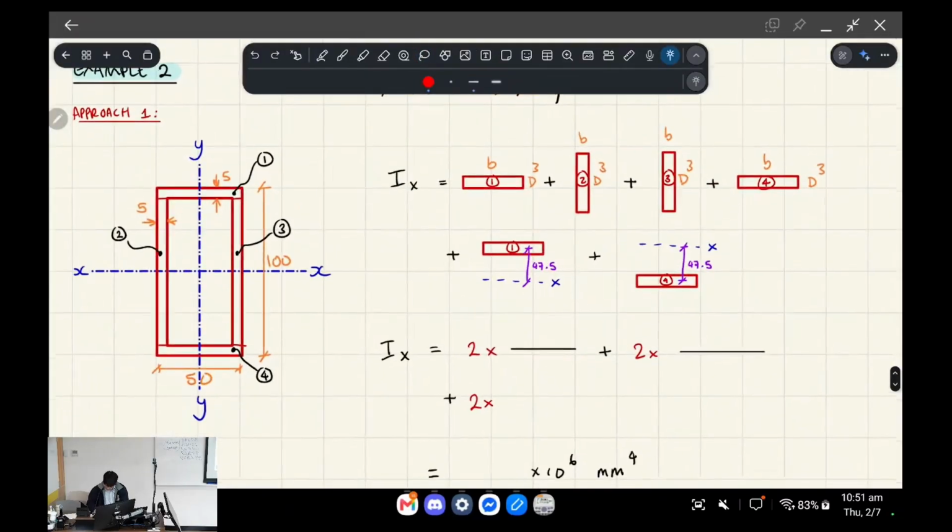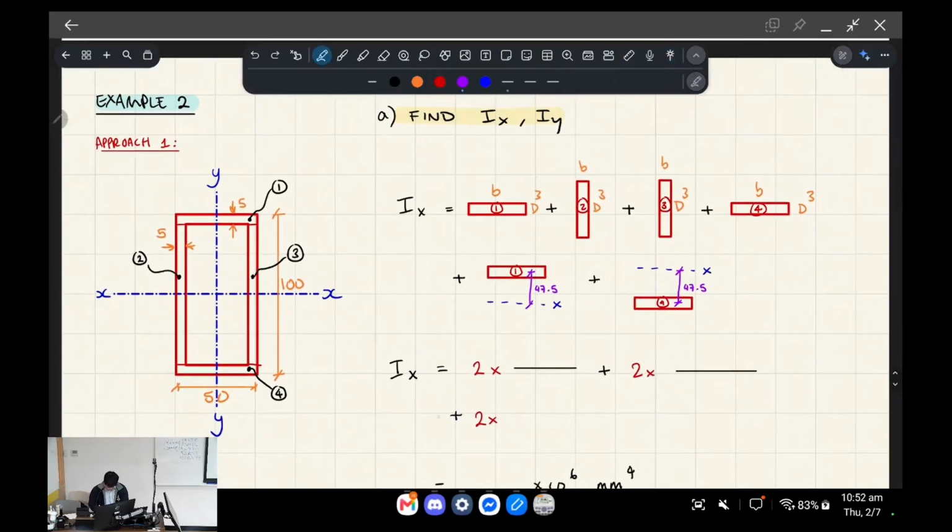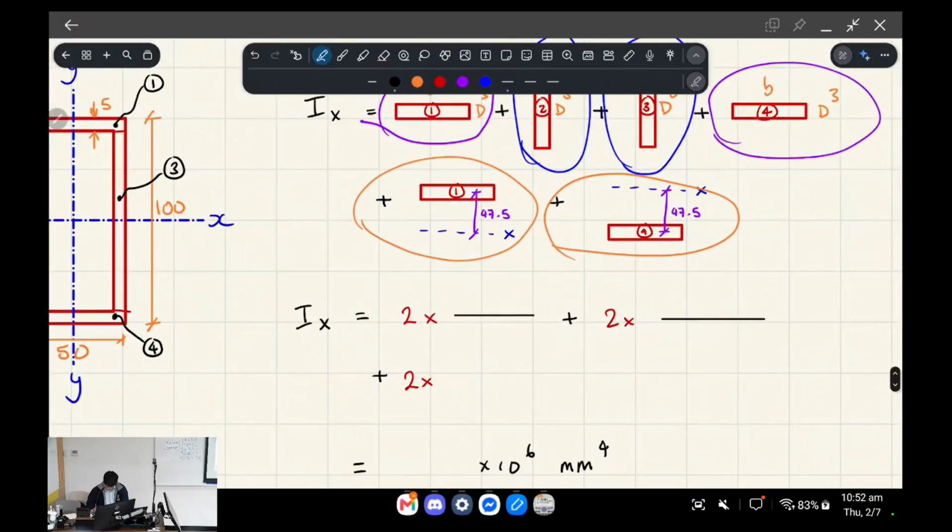Okay, so how this manifests in the working out is that in my working out, there's 2 lots of a bunch of things, right? You'll see there's 2 horizontally orientated rectangles and 2 vertically orientated rectangles and 2 lots of parallel axis theorem shifting, which are equivalent.